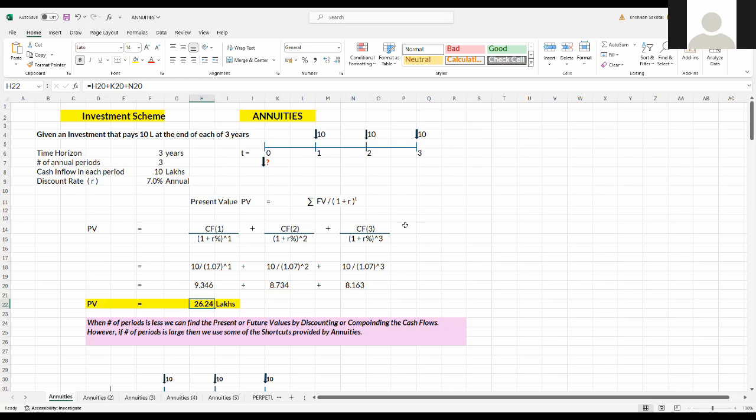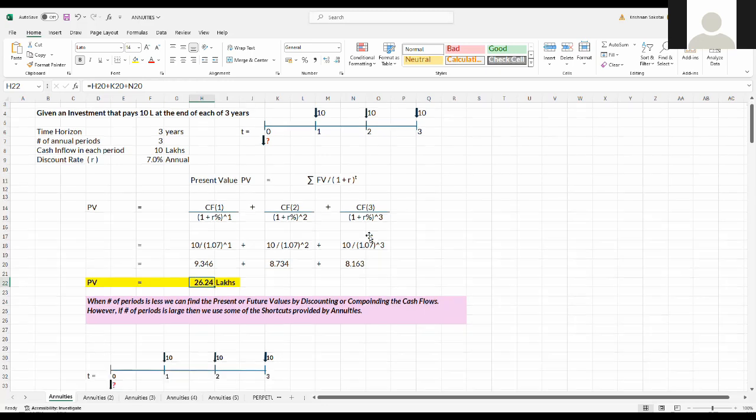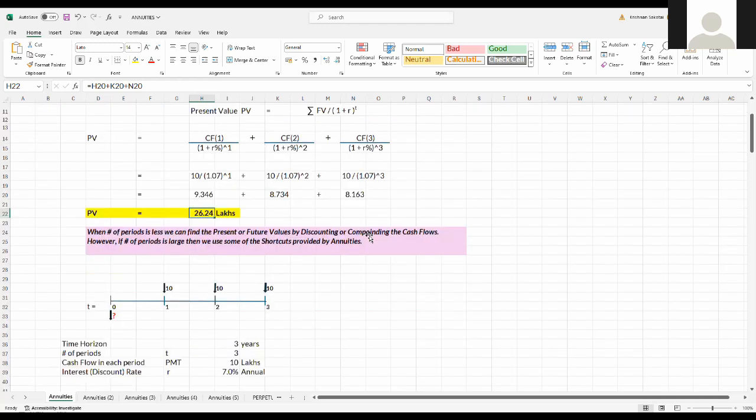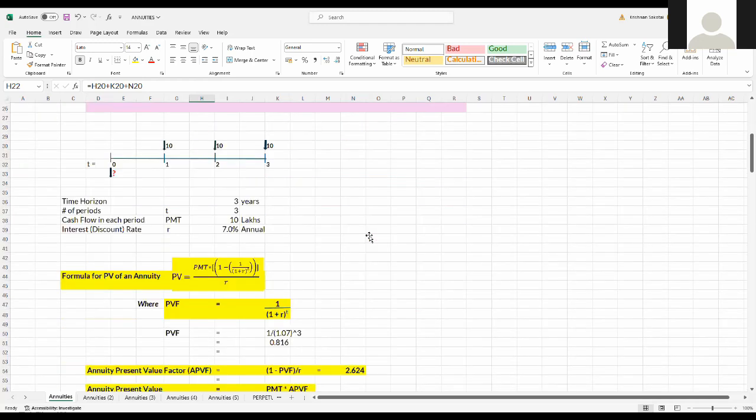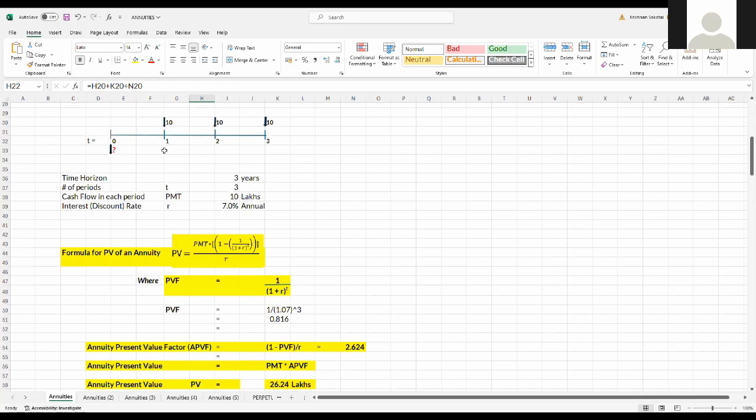Now, let us try using the annuity formula directly. Same problem: at the end of each of the years, I get a cash flow of 10 lakhs. The time horizon is 3 years, that is, the number of periods is 3, and the annual discount rate is 7%. Here we see PMT, or payment, is 10 lakhs.